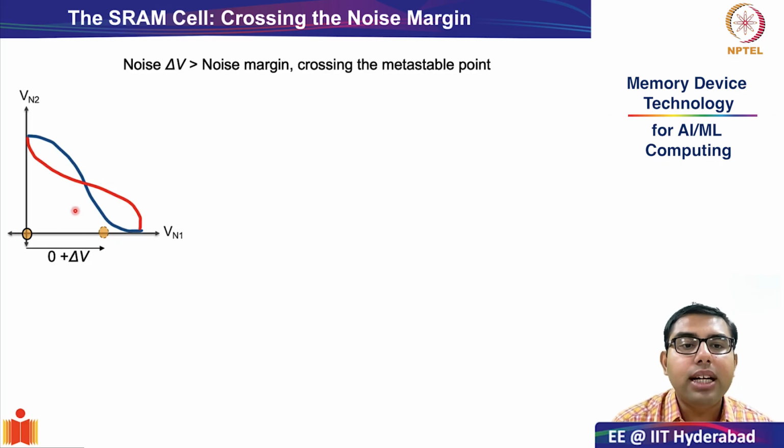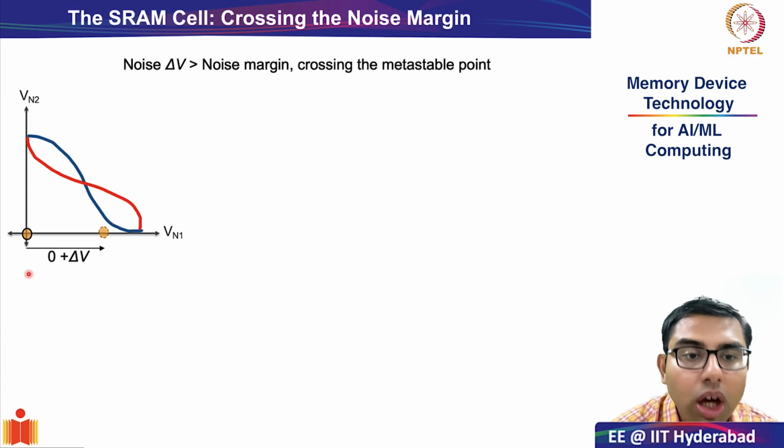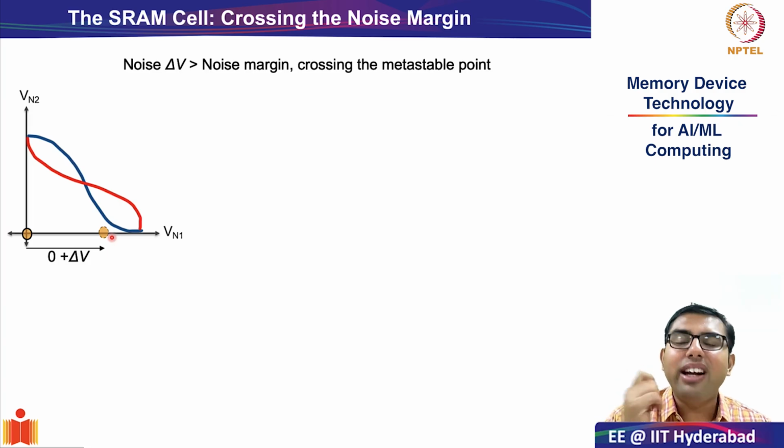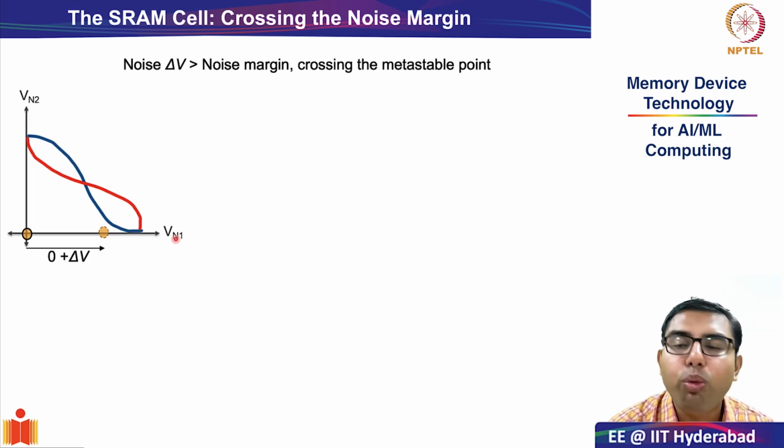So what we have done is, remember this was the metastable state. Now the noise that has been added is more than the noise margin. So if the noise is more than the noise margin, we will use exactly the same rationale. If Vn1 has been disturbed, we have to look at inverter 2, which is the blue curve.